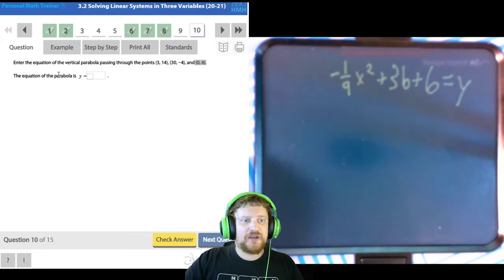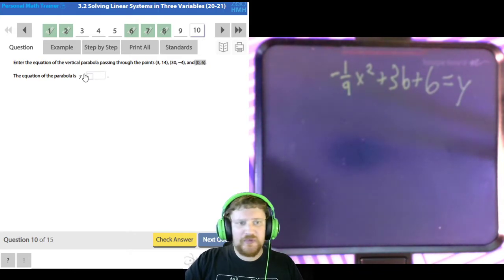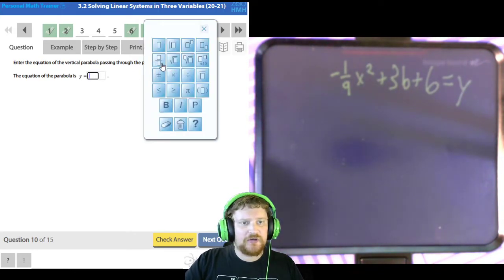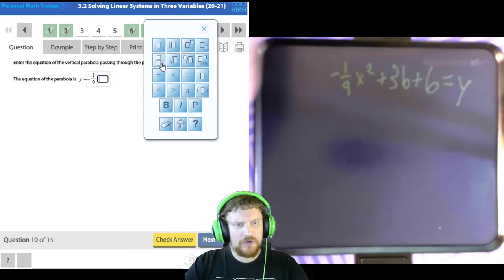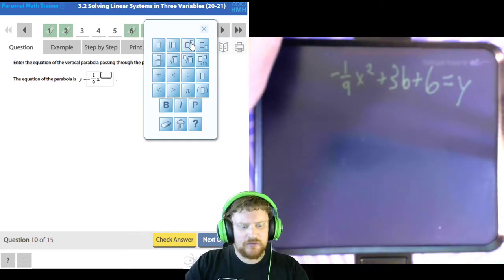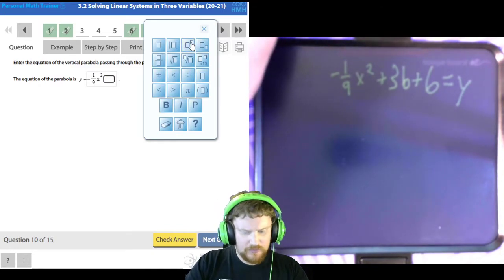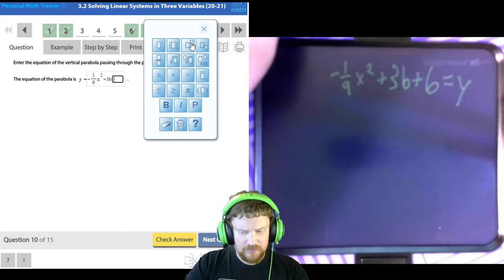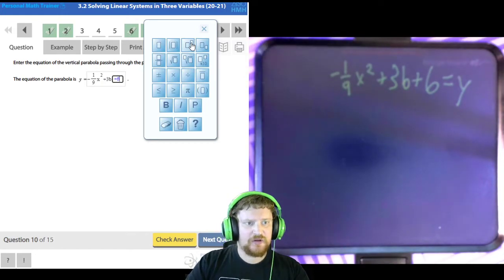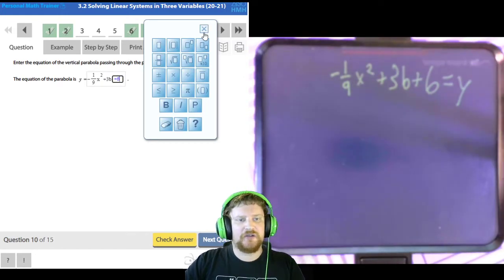And they've got y equals on the other side here, but that's okay. So we can do negative 1/9 x squared plus 3x plus 6, and then it equals y is on the outside already.